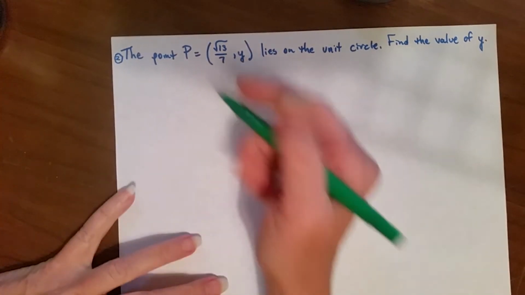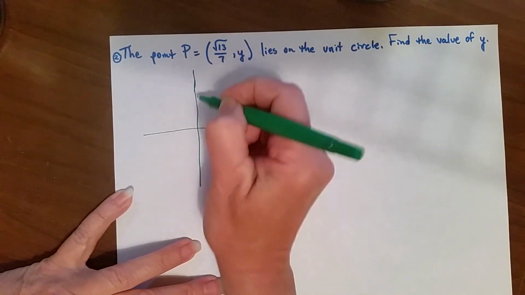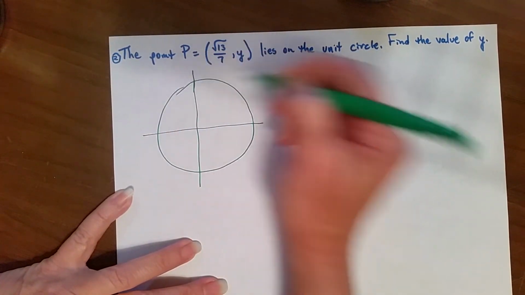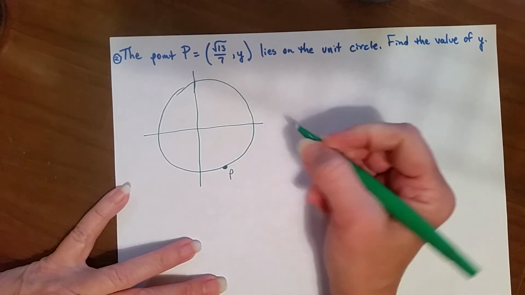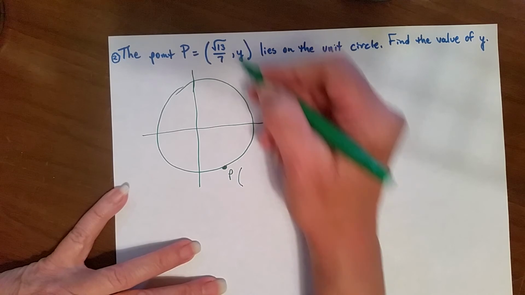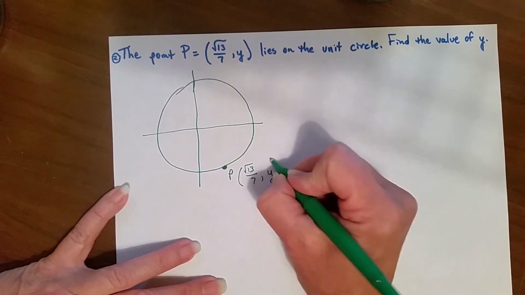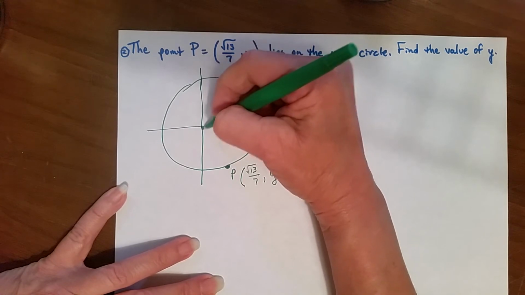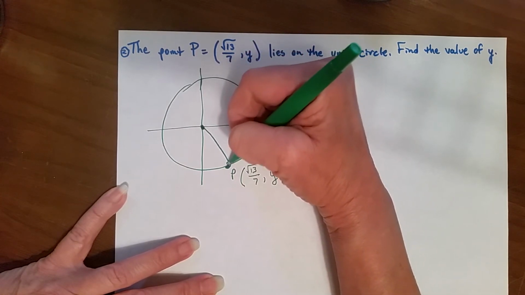So I'm going to draw this one a little bit bigger so it shows up better. So we're on the unit circle, and here's P. They tell us it's root 13 over 7, comma, y. So I'm going to first draw from the origin to that point.